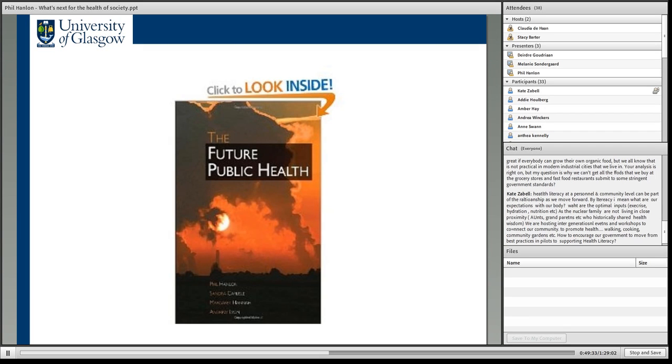Yeah, I mean, I think we've got a wee rubric which says the future public health will be, and there's 4 or 5 characteristics, and one of them is integral. So it will integrate the inner and the outer. It will integrate the quantitative and the qualitative. It will integrate the objective and the subjective. One of the unbalancing things of late modernity is that it's separated these things.